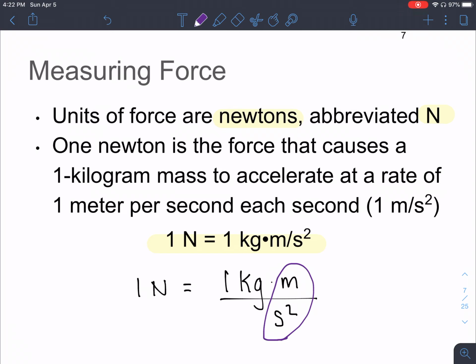Within the units of newtons, we have the acceleration unit, meters per second squared. So when we are looking at forces, which are newtons, we are really looking at the acceleration or deceleration of an object as well as the mass. So a newton is the mass times the acceleration.